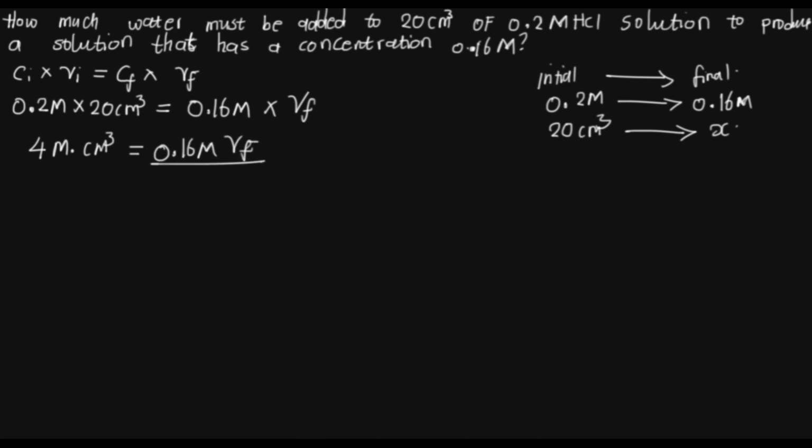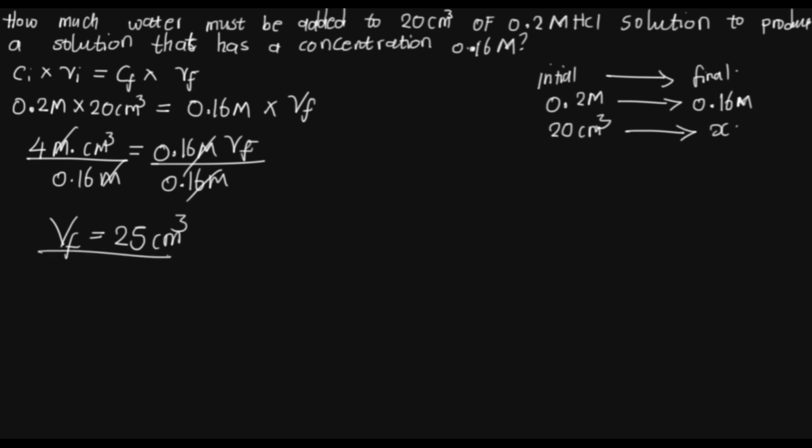So we can divide by 0.16 M over 0.16 M. So we can see that now the final volume is, we are going to divide 0.16 into 4 is 25 cubic centimeters.